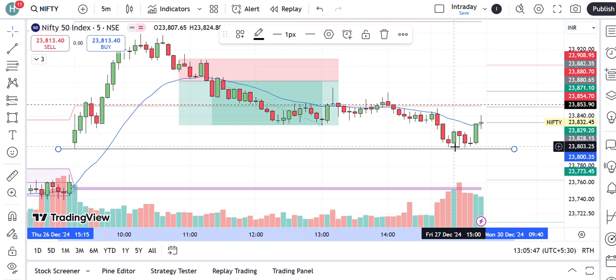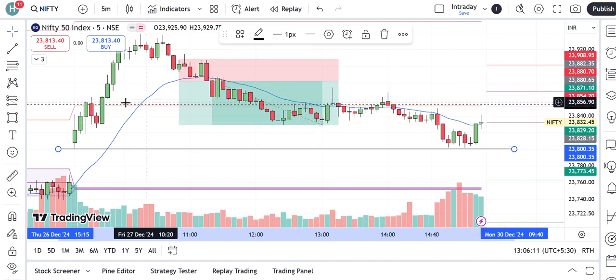Why am I saying low probability? Because you should always remember there is no trade after 3 p.m. Anything that forms on or after 3 p.m., there is no trade, because you are left with very little time and anything can happen within that. Most of the patterns will fail because that is squaring off time, and in that half hour most people try to square off. So there is no trade here.